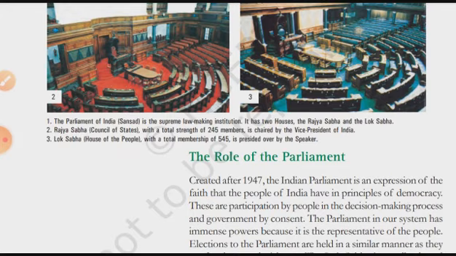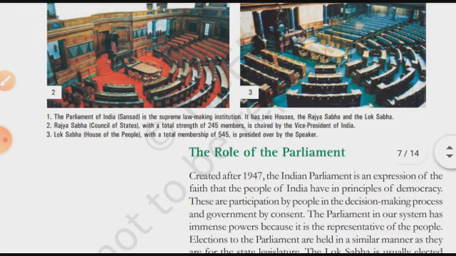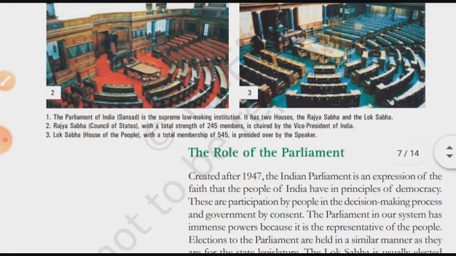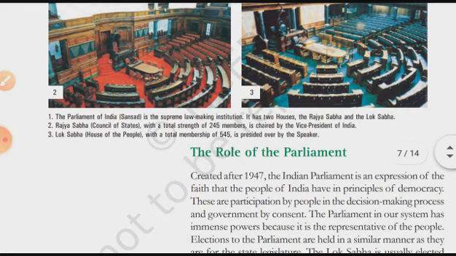The Rajya Sabha, the Council of States, with a total strength of 245 members, is chaired by the Vice President of India. Mainly the ex officio head and main leader of the Rajya Sabha is the Vice President of India.